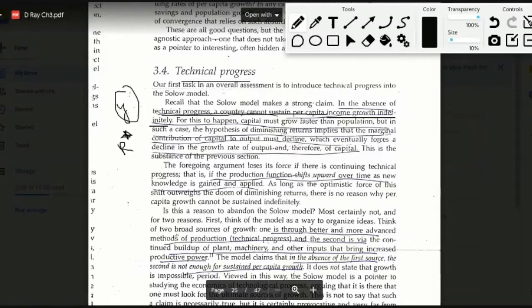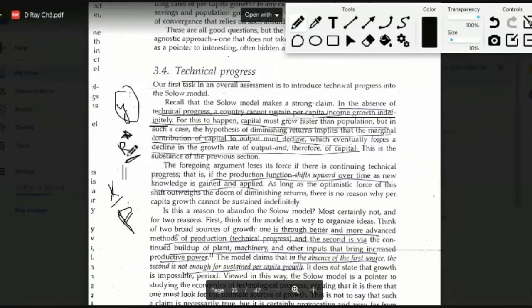So if we ignore technical progress, and if we want to make sure that this variable is growing, we will have to make sure that the rate of growth of capital K is greater than the rate of growth of labor, because small k is nothing but capital K by P. To make sure that small k is growing, we need capital K to grow at a much higher rate than P. And when this happens, because of the basic assumption of diminishing returns to factor, when capital stock is growing at a higher rate than population, the diminishing returns to factor will set in, and the marginal contribution of capital will decrease, and hence the marginal rate of growth of output will also decrease.